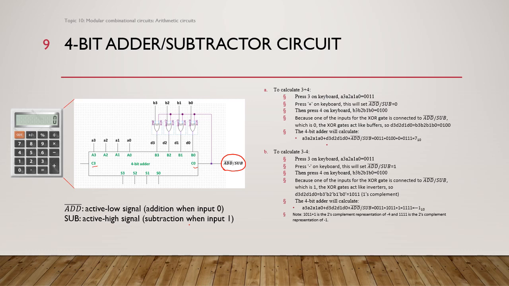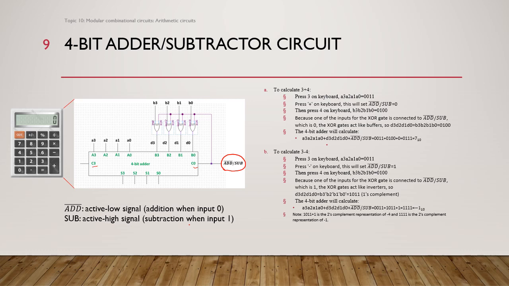For example, in this case, it's called ADD bar first, which means, we know bar means not, but here we don't say not, it means complement or active low. So ADD bar basically tells us if we input a 0 on this line, this circuit will do addition. The other way, if we input a 1, you see SUB has no bar on it, which means if we put a 1 on this line, this circuit will do subtraction. Okay.